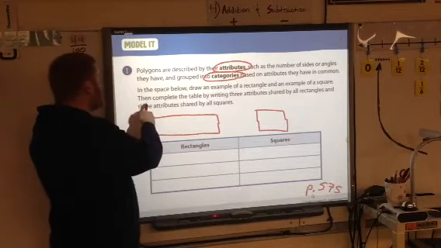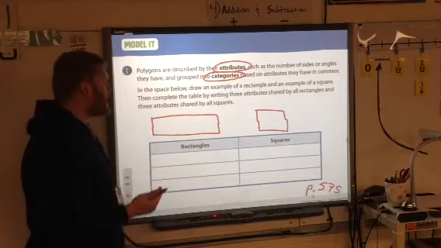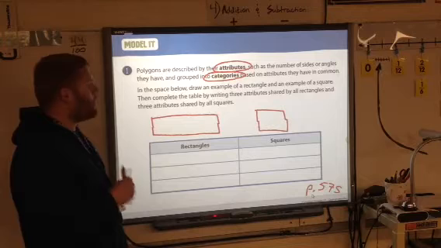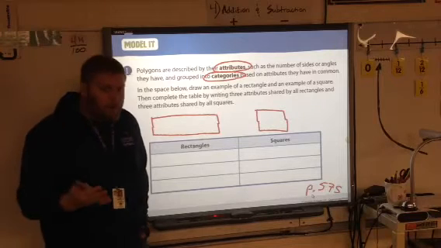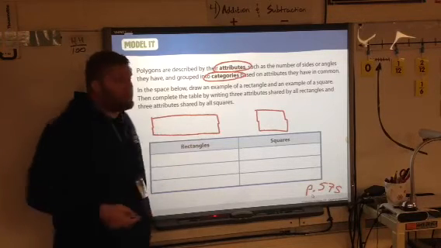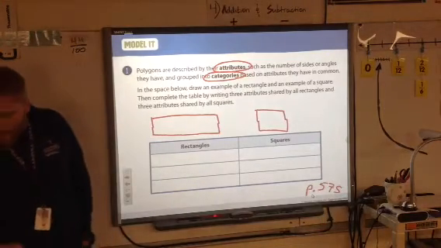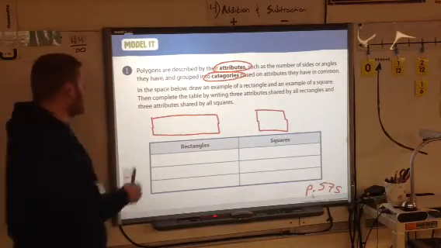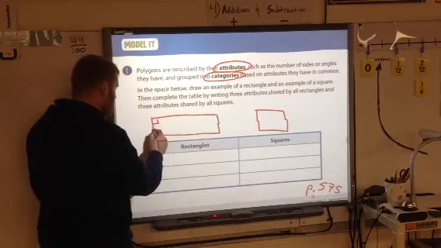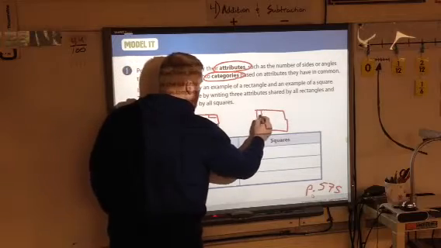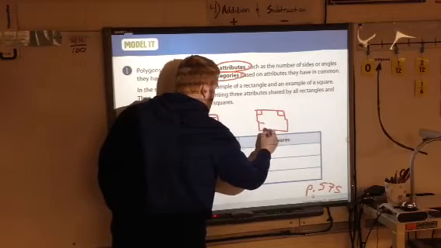So, it says, then complete the table by writing 3 attributes shared by all rectangles and 3 attributes shared by all squares. Now, you'll notice, since there are similarities between the two, we'll have the same attributes for both, okay? When I look at a rectangle and when I look at a square, I notice that there are 4 right angles in a rectangle, 4 right angles in a square.